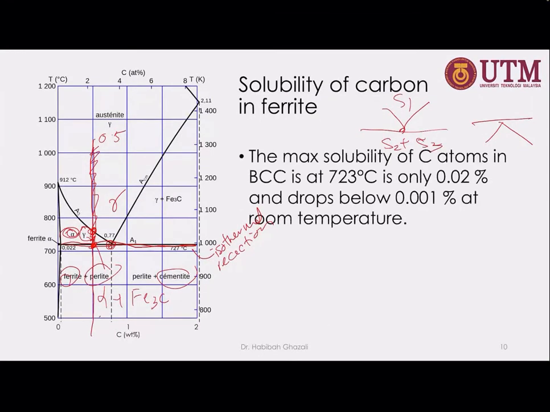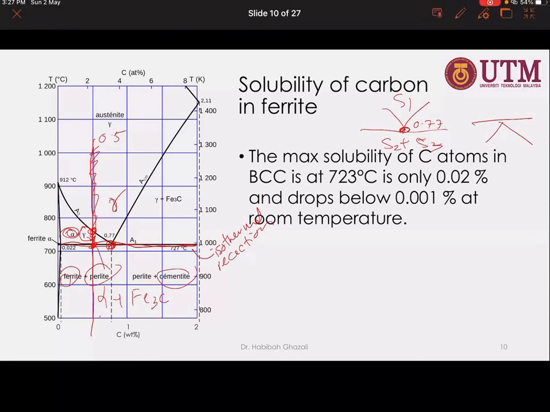So this isothermal reaction here is at 0.77% carbon. We have the austenite phase.